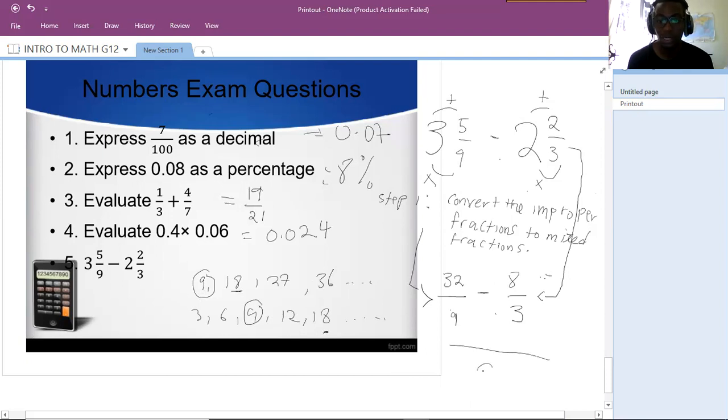And I like to call it the lowest common multiple, not the lowest common denominator.